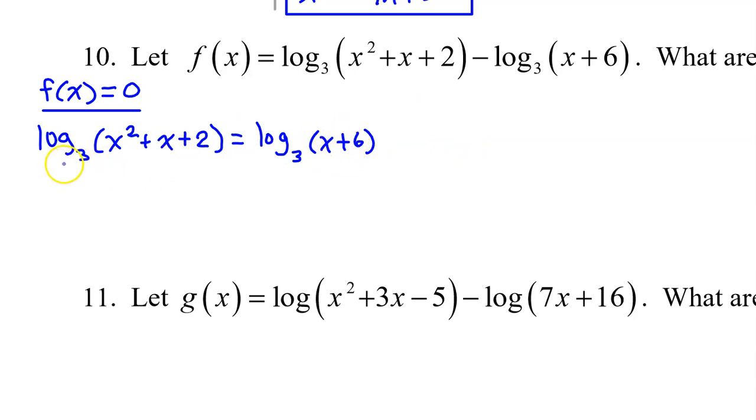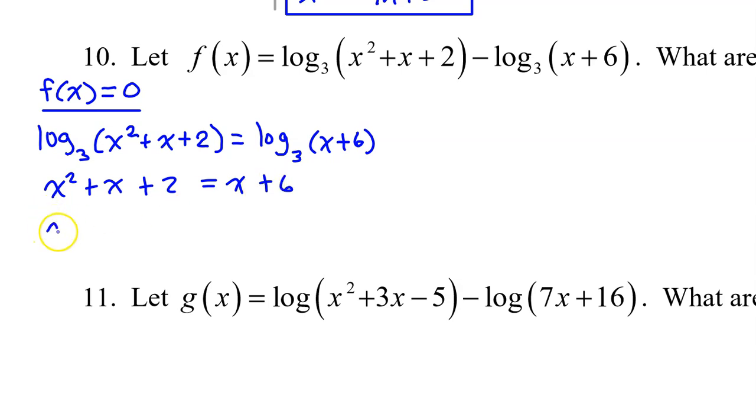Since we have a log equal to a log, the arguments must be equal to each other. The stuff on the inside must equal the stuff on the inside. So x squared plus x plus 2 must equal x plus 6. We can solve a quadratic equation like this by getting 0 on one side.